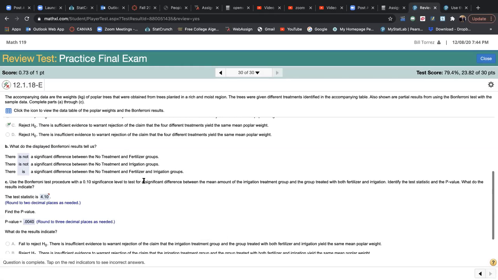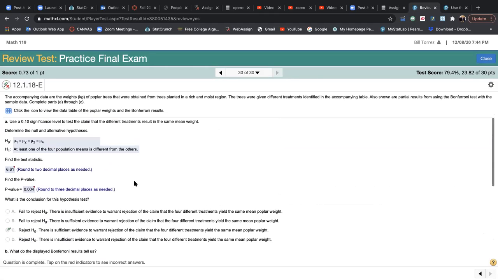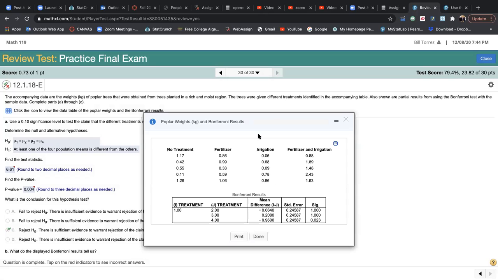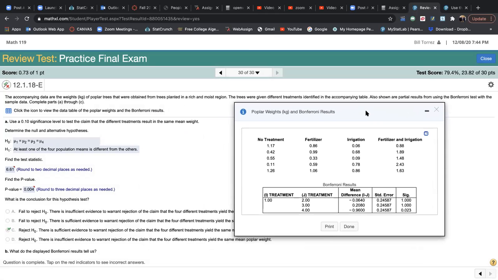Okay, and in the last problem here, we have the situation where, let's read it, the accompanying data, open the data set here, and there we have 4 categories here for the poplar weights.